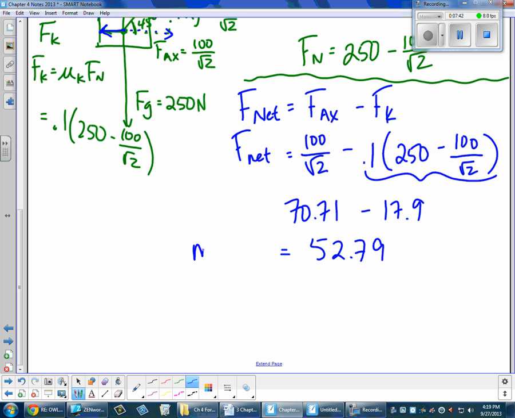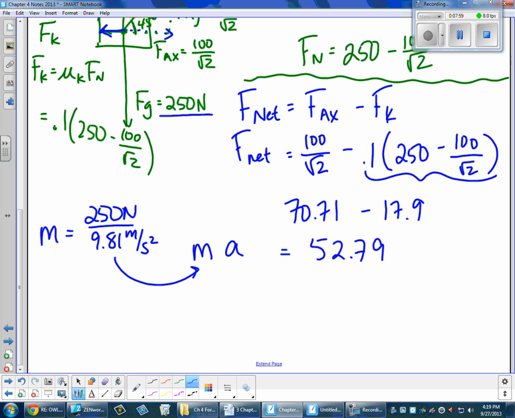And that's equal to the mass of the box times its acceleration. If the box has a weight of 250 newtons, I can determine its mass by taking 250 newtons divided by 9.81 meters per second squared.